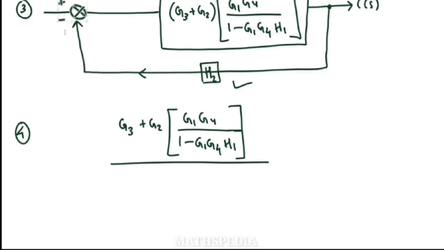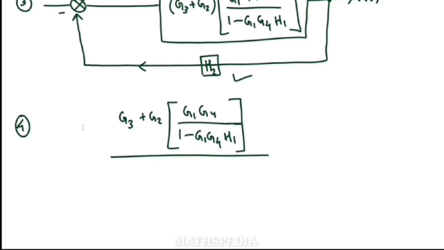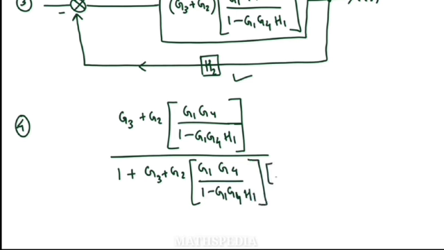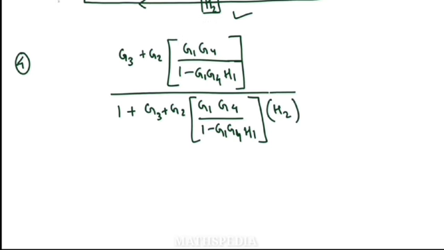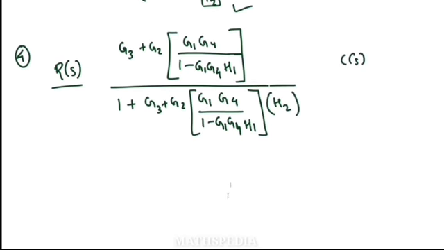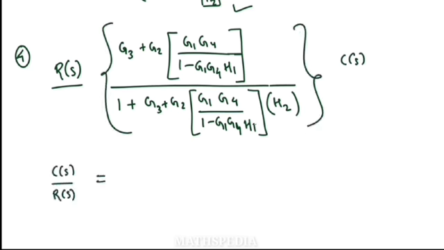So we use this formula to come up with this equation over H2 there. So this one is the output, this one the input. So now this is the main equation.